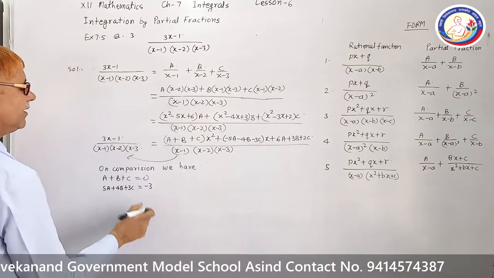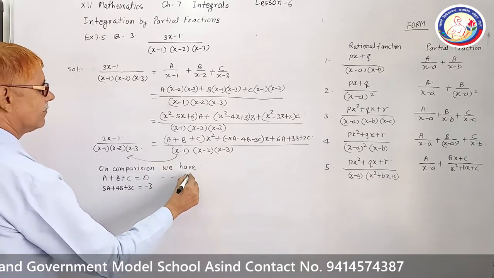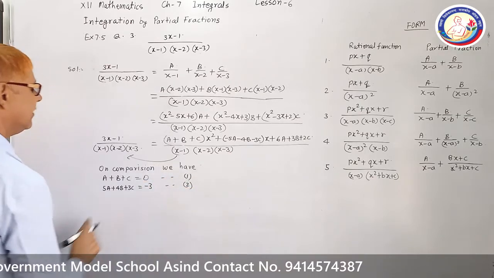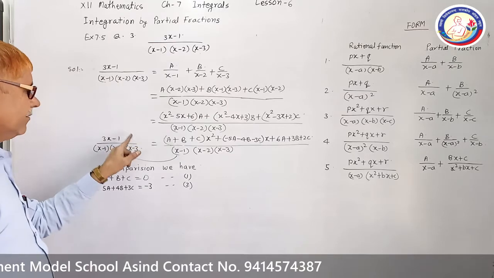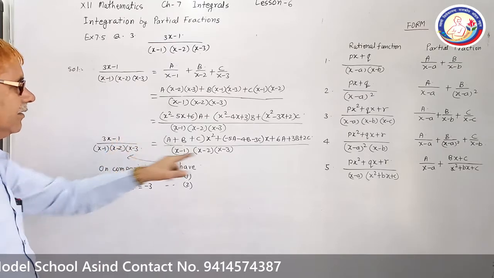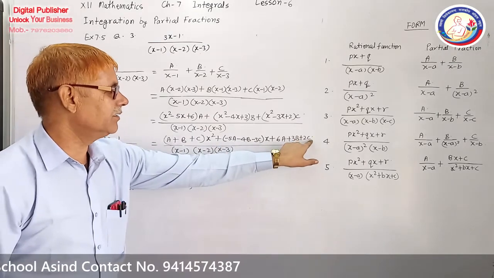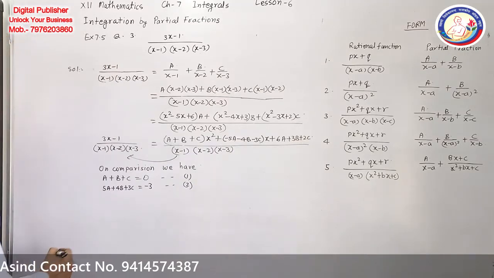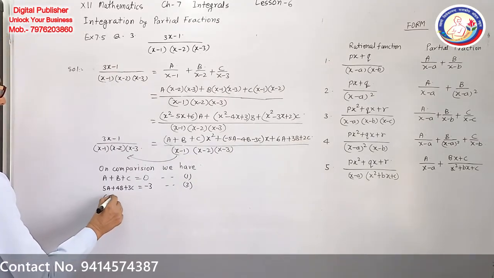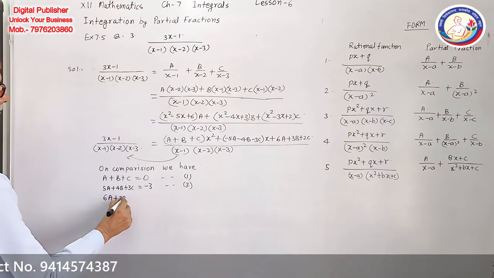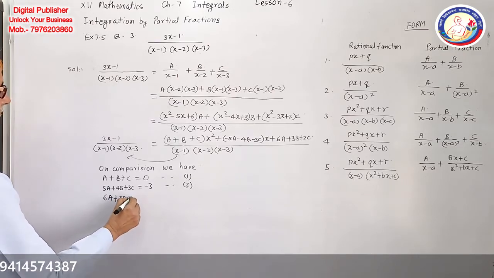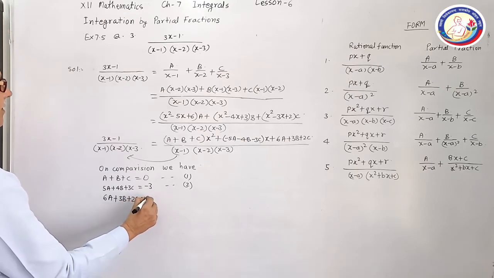So this will be equation 2. And third, compare the constants on both sides. 6A plus 3B plus 2C will be equal to minus 1.